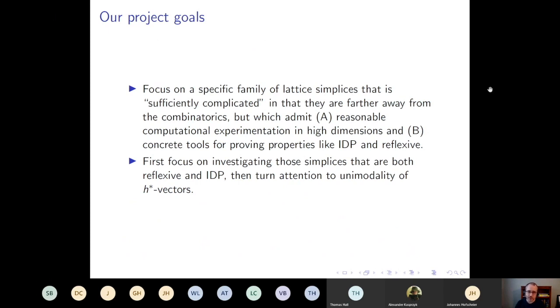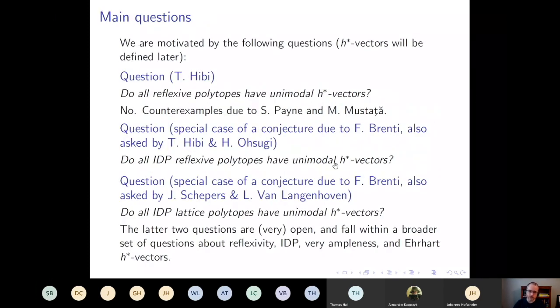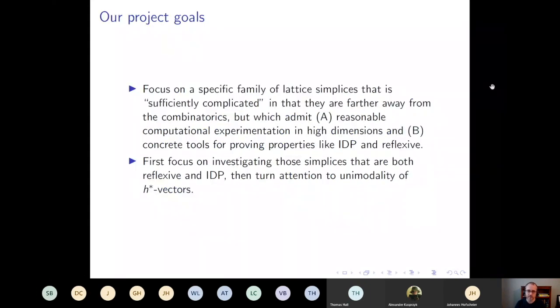So for us, our project goals are, this huge family of polytopes seems too big for us to meaningfully try to tackle at this point. I mean, a lot of people have worked on these problems and had trouble making much headway beyond a few things that are already known. So our goal is to focus on a specific family of lattice simplices that's sufficiently complicated to be interesting, in that they're farther away from the combinatorics.